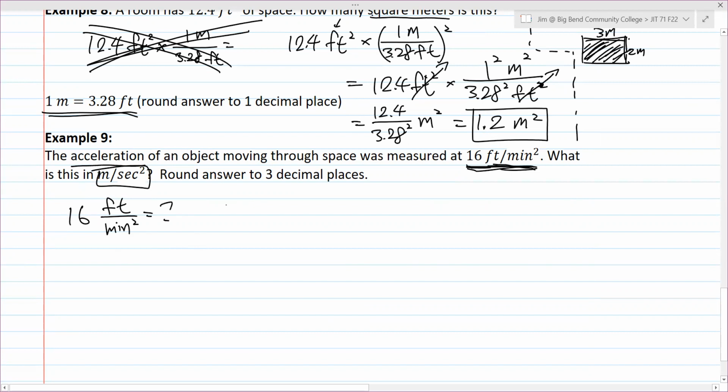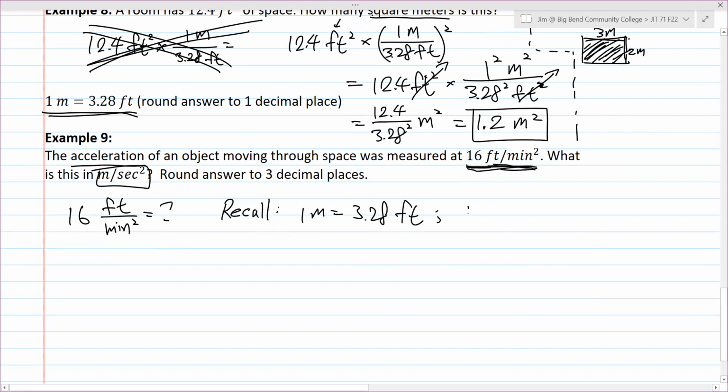So first of all, we can recall that 1 meter equals to 3.28 feet. That was given from example 8, so we can just borrow it.